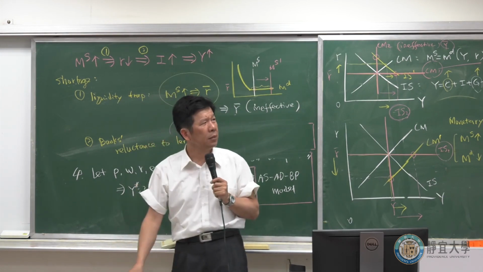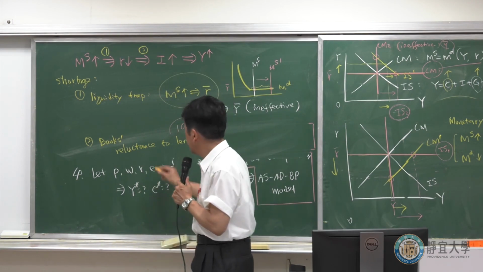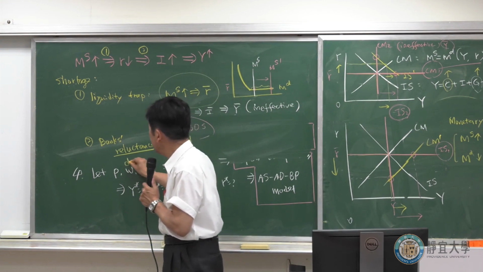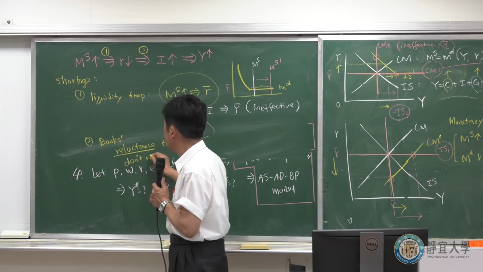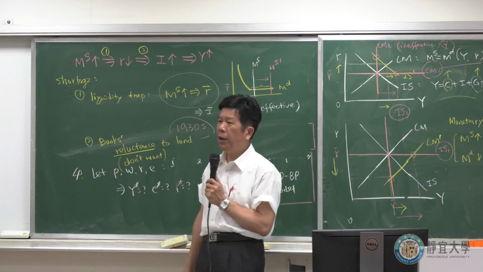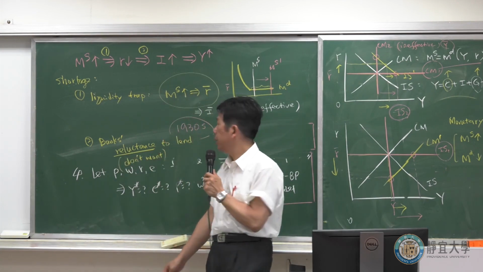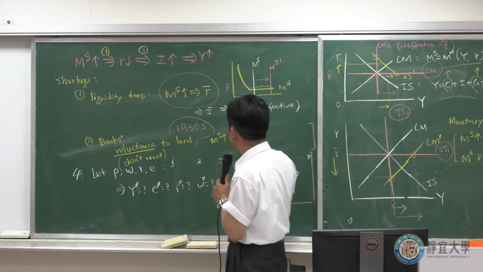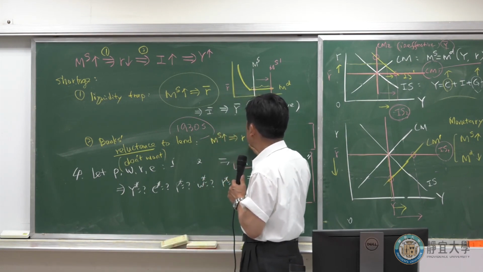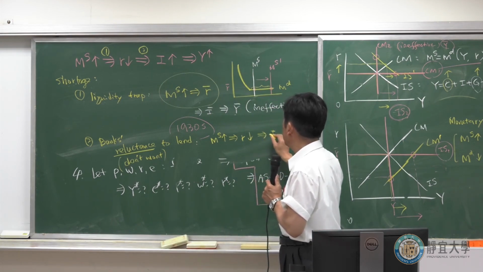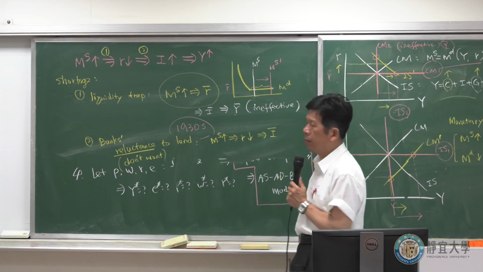Reluctance means they don't want to. And why don't they want to? Because you can see the money supply increases and the interest rate decreases, but after that, the investment stays constant.